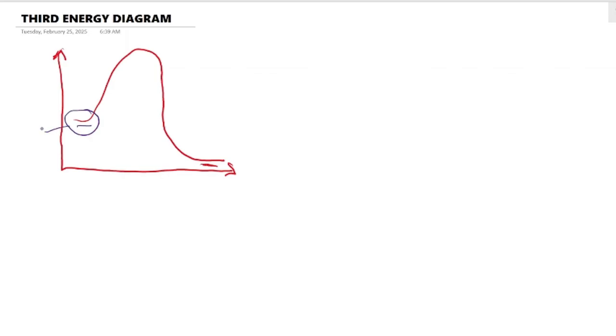So you have your energy here showing you your reactants' energy. And of course, this point here now shows you your product energy.